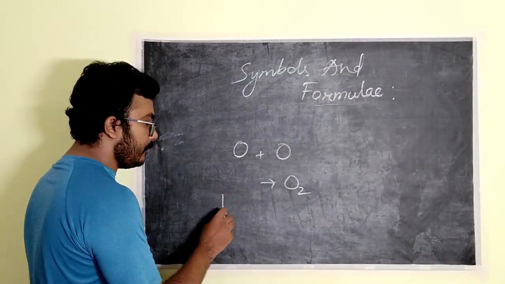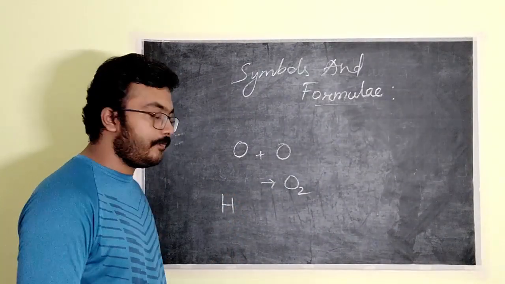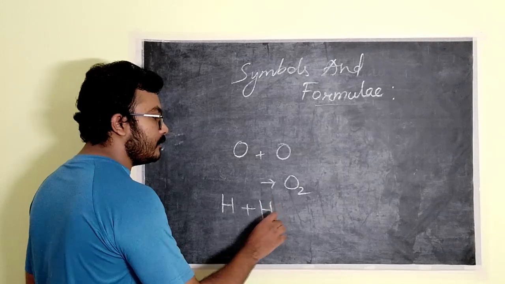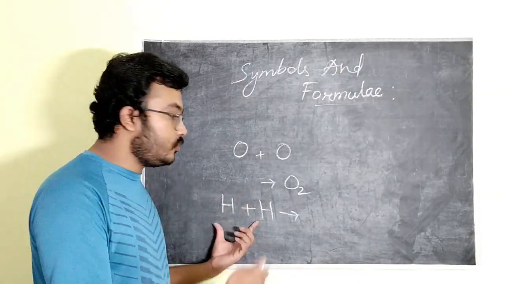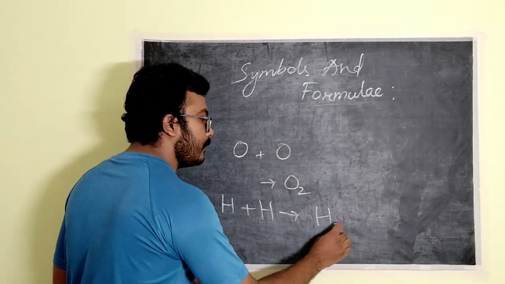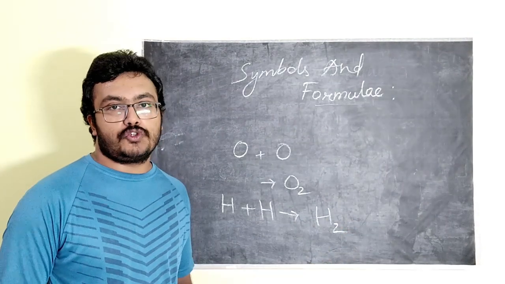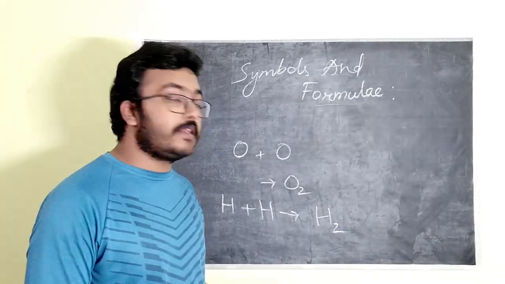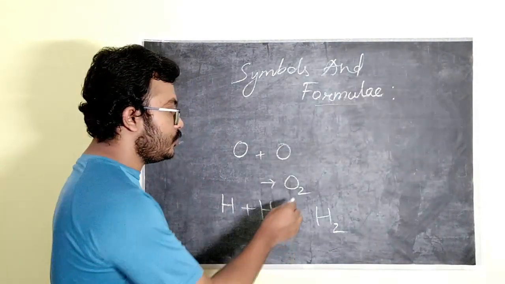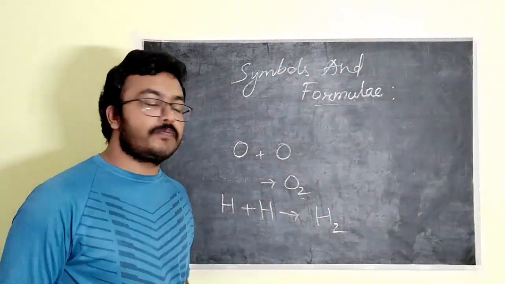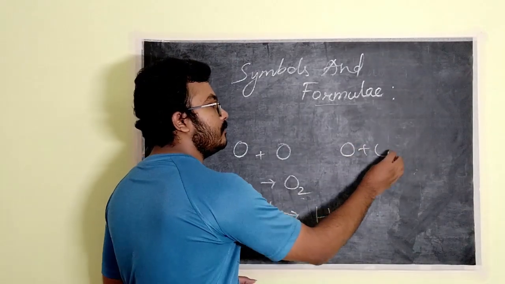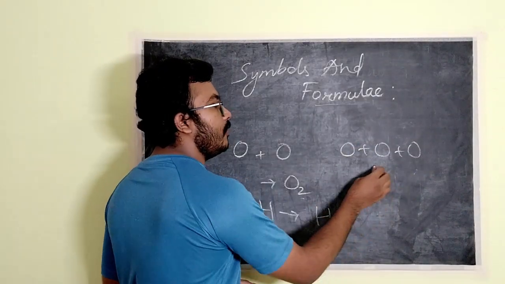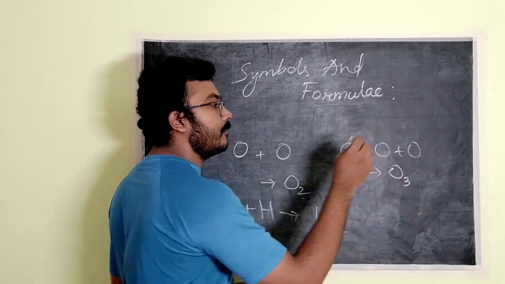Similarly, hydrogen plus another hydrogen, the atoms of the same element combined together, form H2. There are various examples, not only two, there are others also. For example, oxygen plus another oxygen plus another oxygen forms O3.